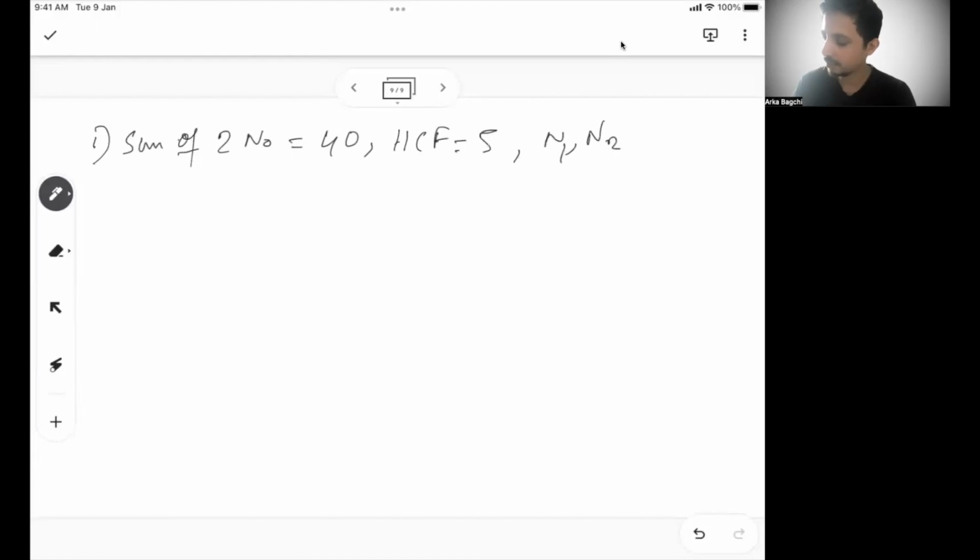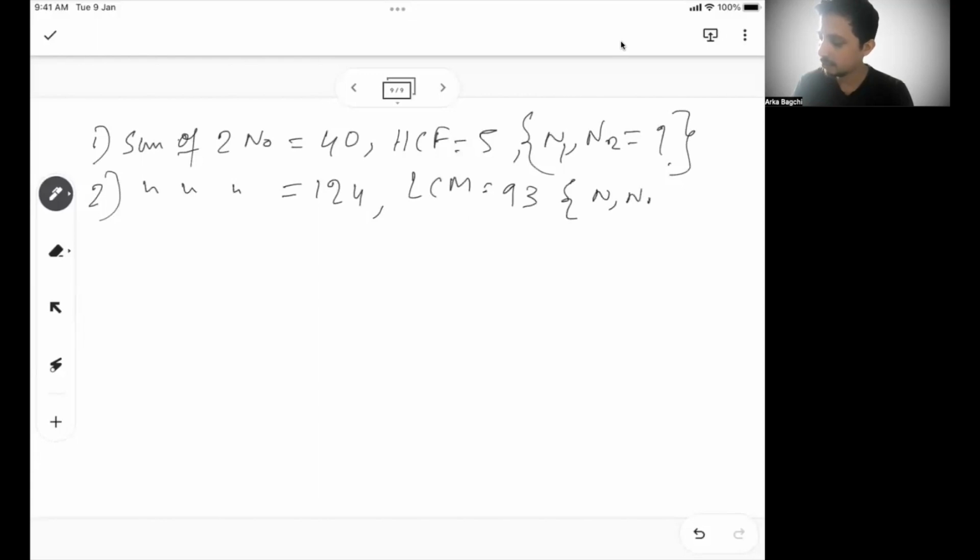N1, N2 is what? How many pairs are possible and what are those pairs? Second example: the same sum of two numbers is 124, whereas the LCM is given as 93. Again, what are the values N1, N2 can take?